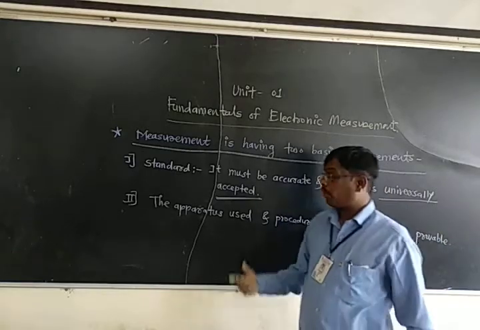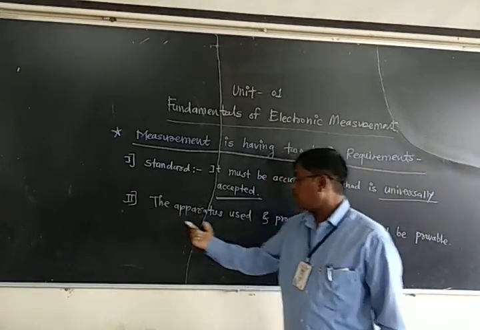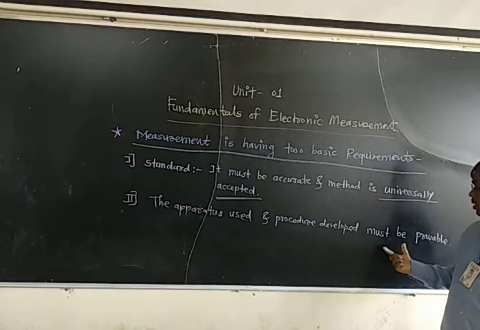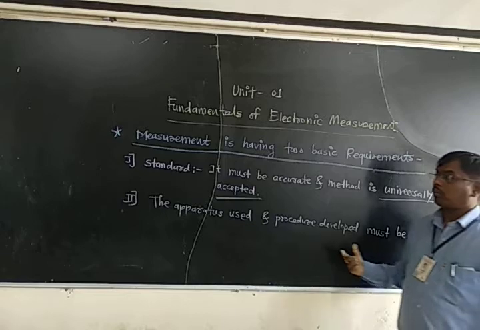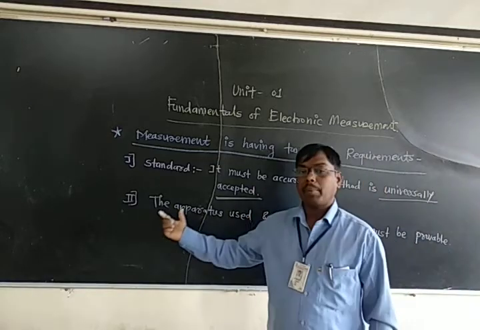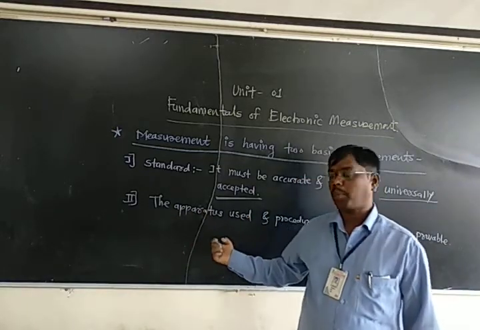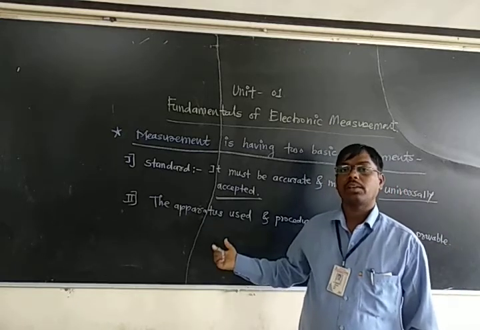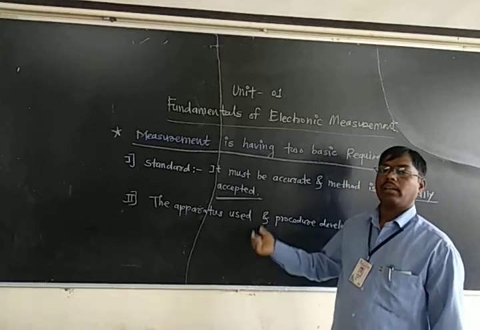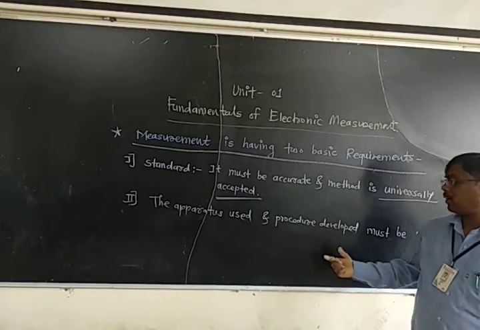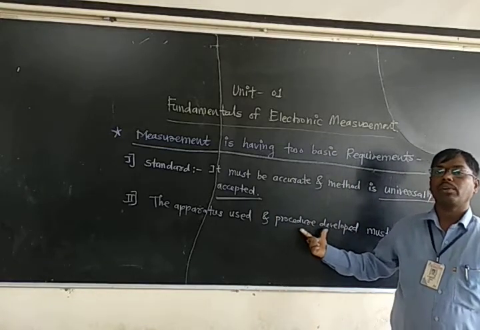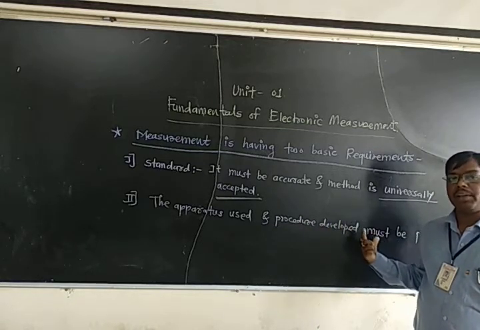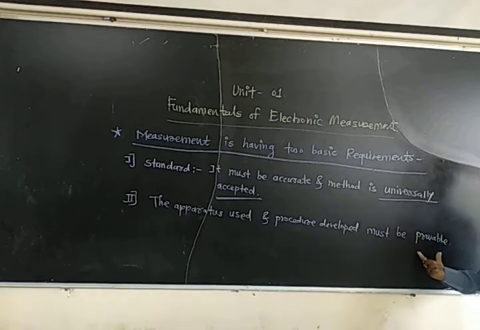Here the apparatus used and the procedure adopted or developed must be provable. It means the apparatus used in that particular type of measurement is accepted universally or by the ISO standard, and the procedure developed for that particular measurement should be provable.